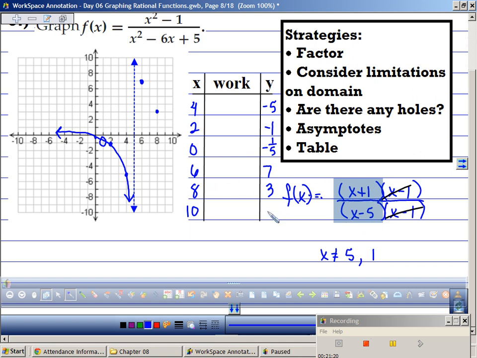So what's 11/5? 2 1/5, right? Surprised you guys haven't pulled out calculators. 2 1/5, about right there. That makes sense, right? It's curving like that. There's your graph.